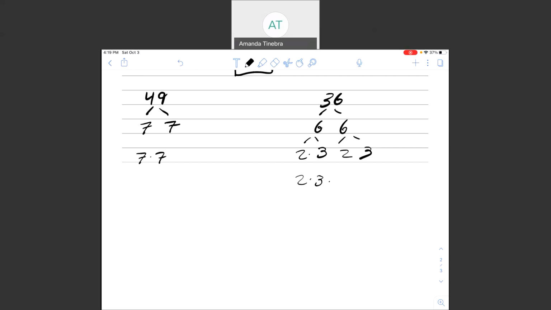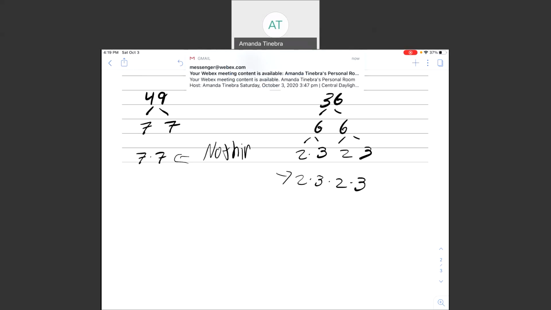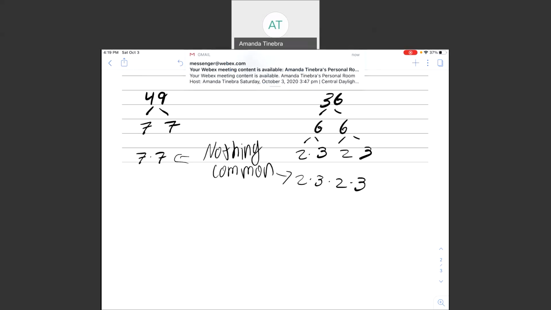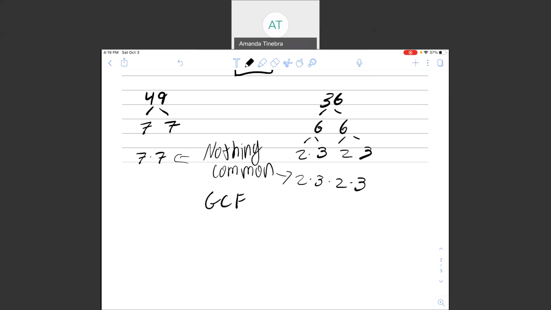So this would be 2 times 3 times 2 times 3. As you can see, they have nothing in common. Okay? What that means is that these have a greatest common factor that equals 1.